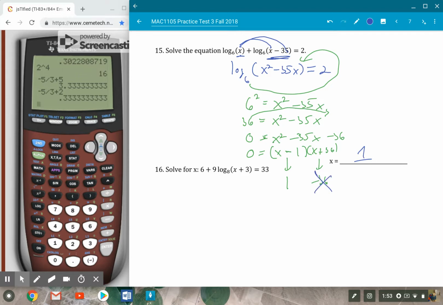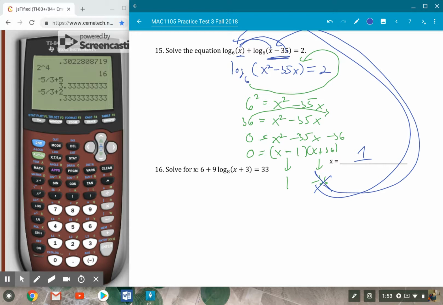Negative 36 is not really a solution because if you plug negative 36 back into your equations here, negative 36 minus 35 would give you a negative solution. Would also give you a negative right here, so that doesn't work.